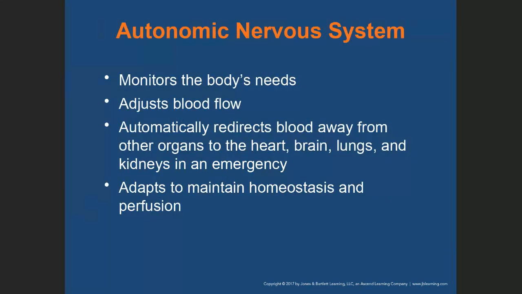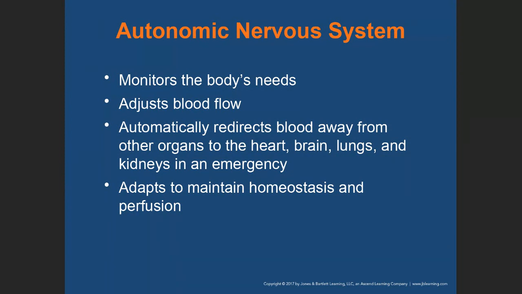The autonomic nervous system monitors the body's needs, and it adjusts blood flow accordingly. It automatically redirects blood away from other organs to the core organs: heart, brain, lungs, and kidneys. The heart requires a constant supply of blood under normal body temperature. The brain and spinal cord, you're looking at 4 to 6 minutes.